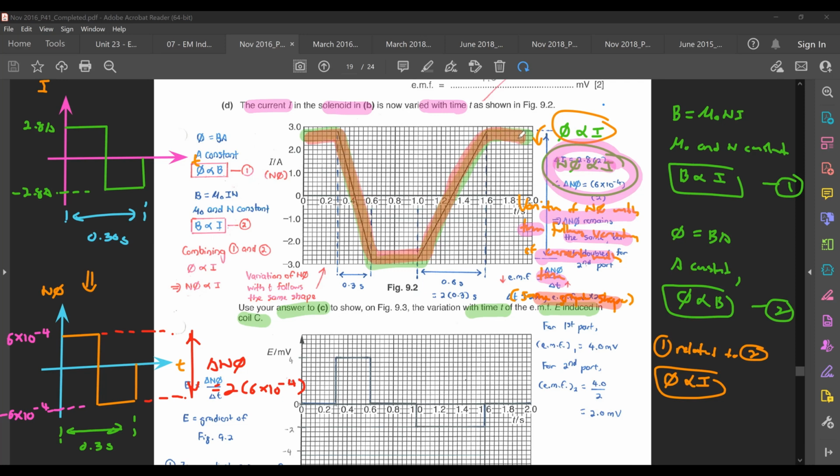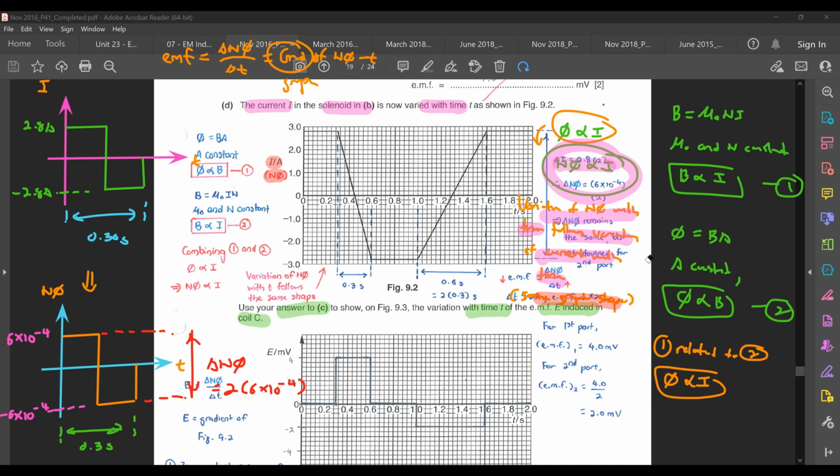So from here, what you can do is find the gradient of this graph to work out your EMF, because you know that EMF is equal to the rate of change of flux linkage, which is equal to the gradient of your flux linkage-time graph. So you need to look at the gradient.